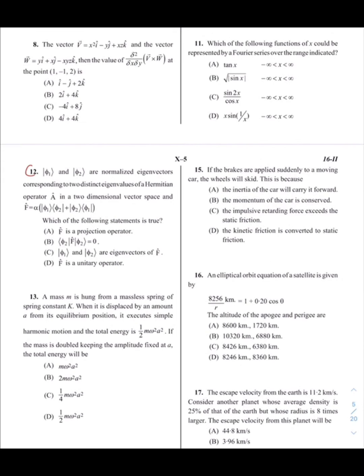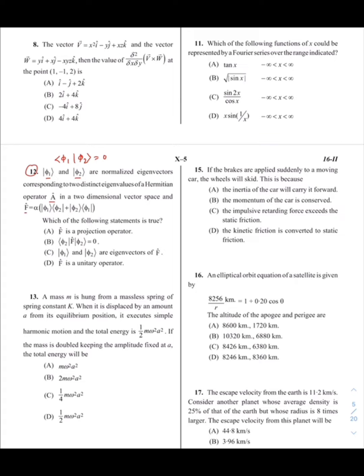In problem 12, we are given two normalized eigenvectors phi1 and phi2 corresponding to two distinct eigenvalues of Hermitian operator A in two-dimensional vector space. In other words, phi1 and phi2 are orthogonal. We are also given an operator f which looks like this.